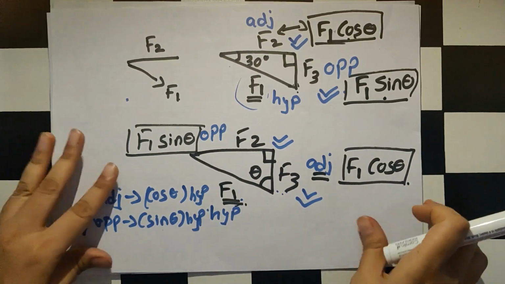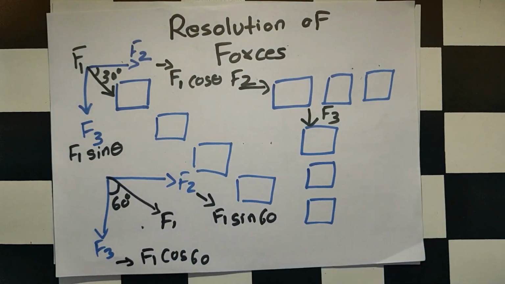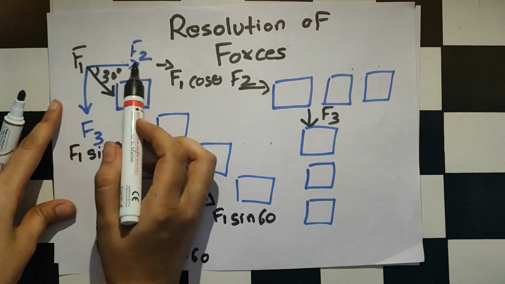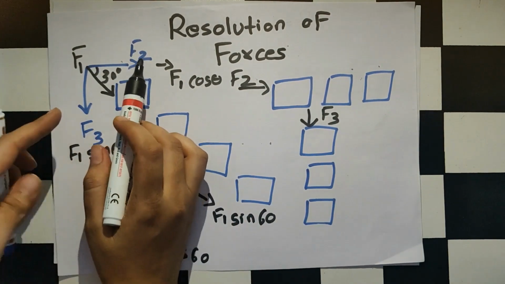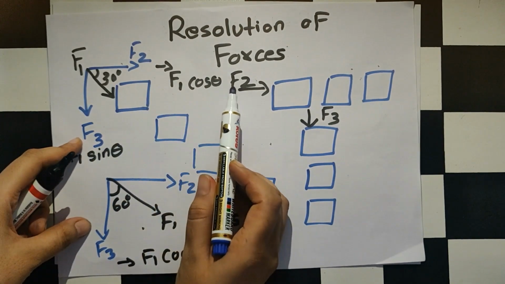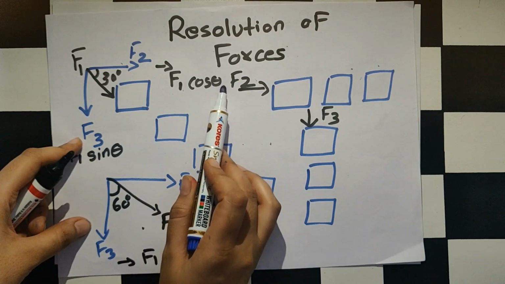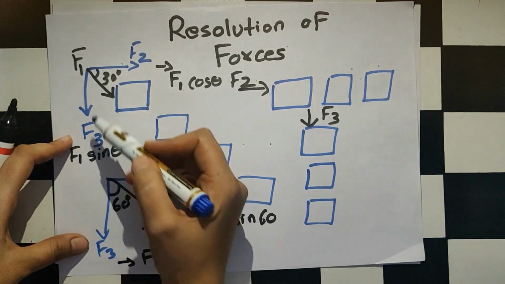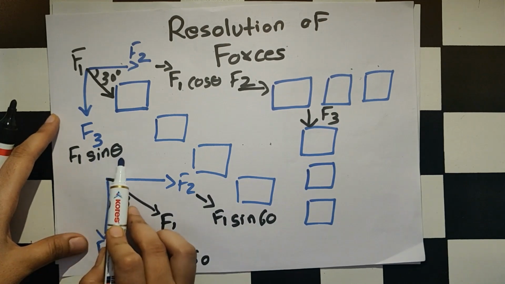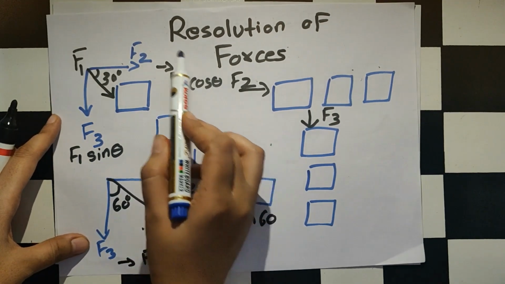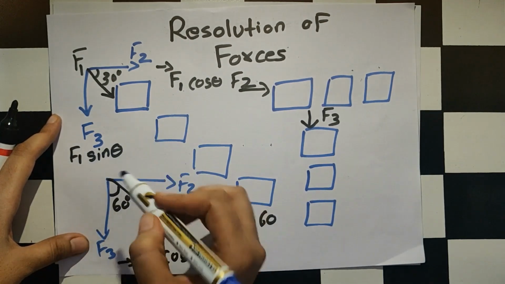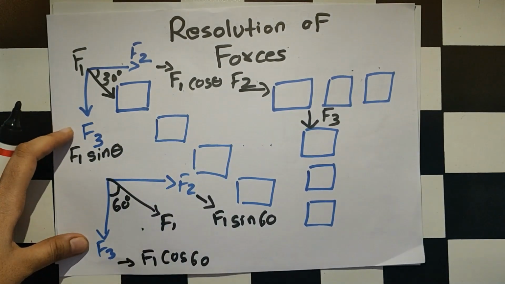So in the question, if the angle of your original force is given with respect to the horizontal component, then your horizontal component will become the cos component, F1 cos theta, whereas your vertical component will become the sin component, F1 sin theta. F1 cos theta is the magnitude of the F2 force, F1 sin theta is the magnitude of the F3 force.